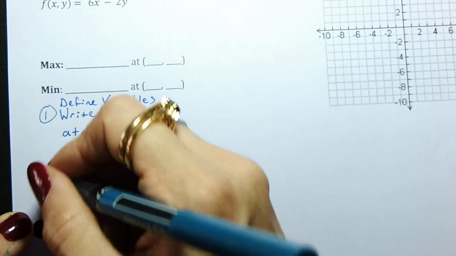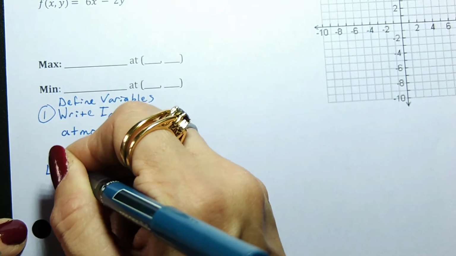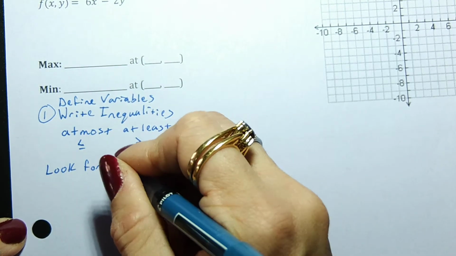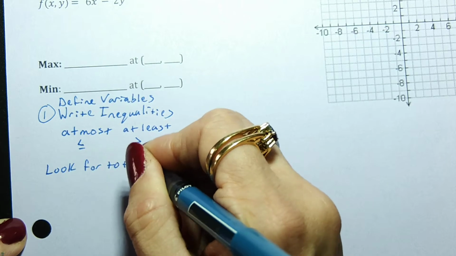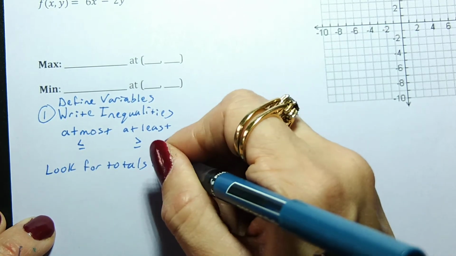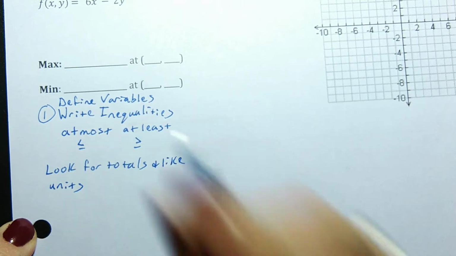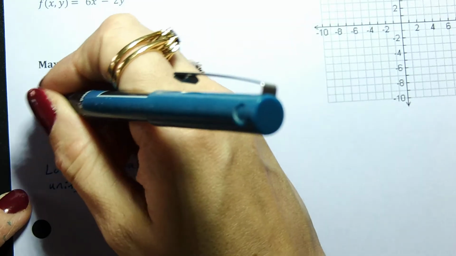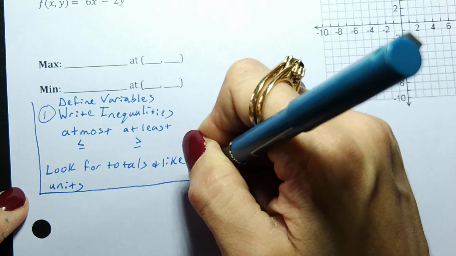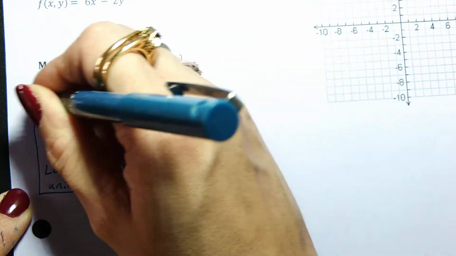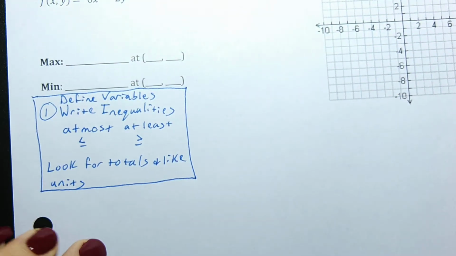When you are writing those inequalities, you're going to look for totals and like units to figure out how those will be structured. So there's step number 1.